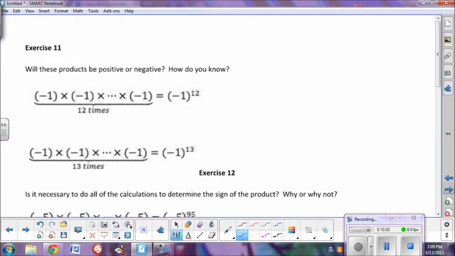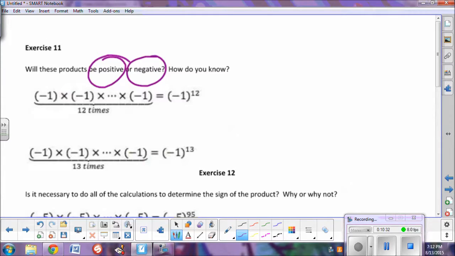And over to number 11, those of you that maybe skipped ahead to number 11, hopefully this is where you're starting now. It says, will these products be positive or negative? And how do you know? So how would we know negative 1 times itself 12 times? Is that going to be positive or negative? So I always like to relate back to something that we're really familiar with.